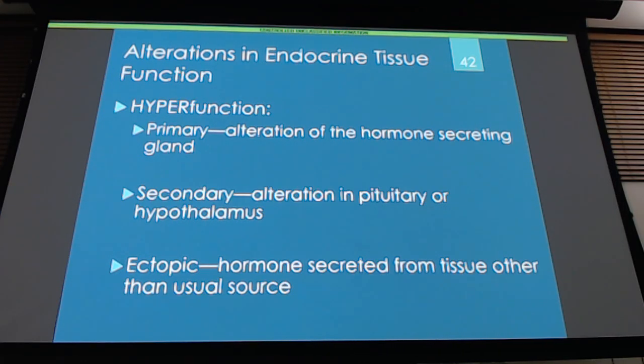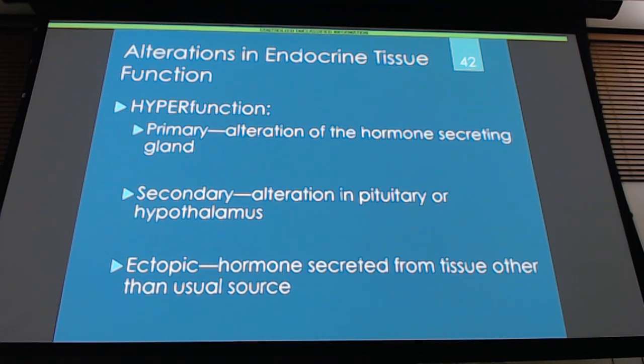If I tell you Graves' disease is a hyperfunction of the thyroid, where the thyroid gland produces excess T4, is Graves' disease primary or secondary? Primary, right? Now, if I say this person has a tumor in their pituitary gland that's causing excess thyroid hormone to be released, is that primary or secondary? Secondary. So secondary is the pituitary, and primary is the actual gland that does the work.